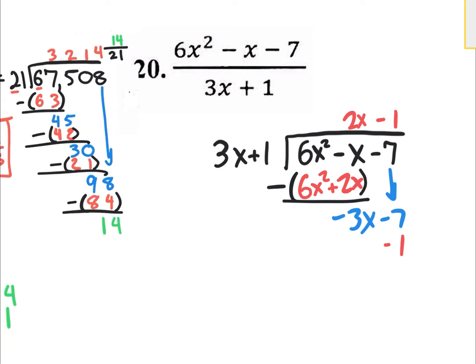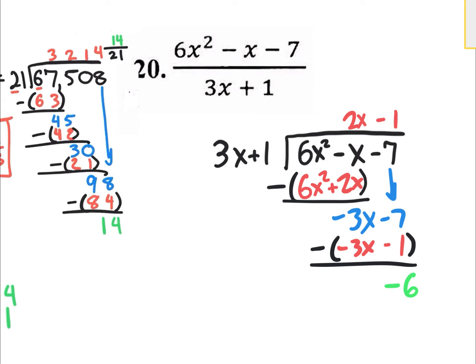Negative 1 times 3x is negative 3x. And once again, we are subtracting. Parentheses right there. Distribute, that becomes positive, it cancels out. Distribute, that becomes positive 1. So you have a negative 7 with the positive 1. What do I get? Negative 6 as my remainder.